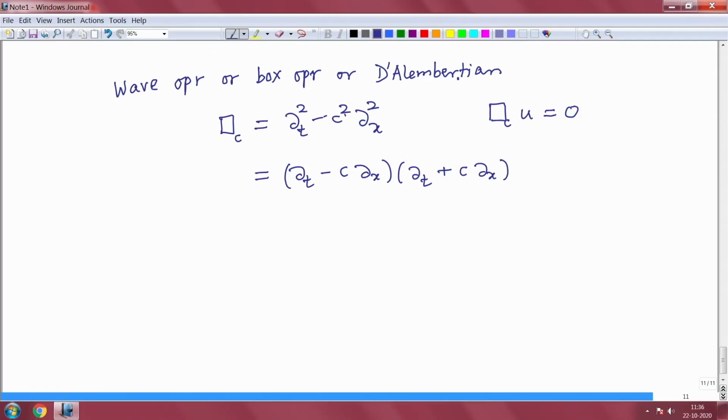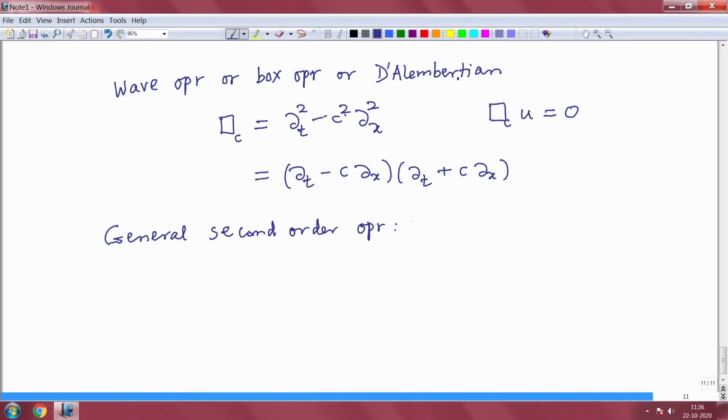So this suggests to us to consider a general second order operator with linear factors.